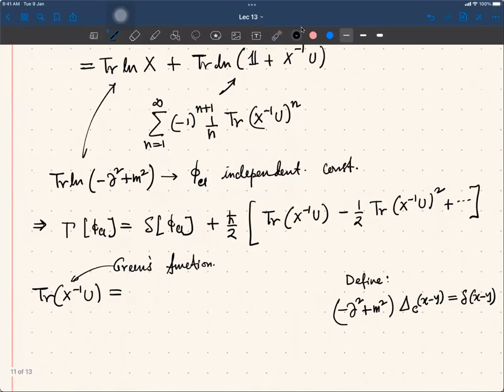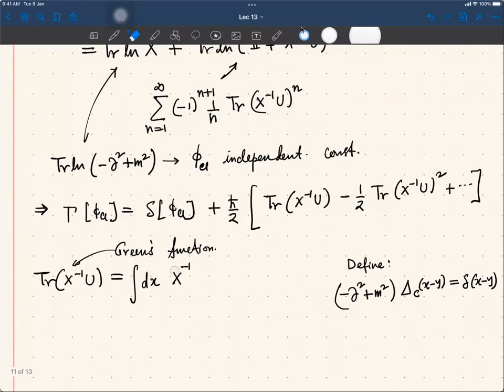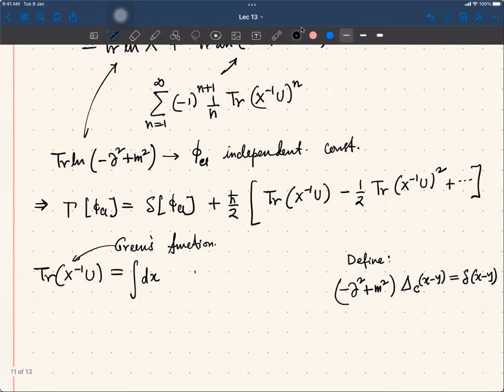So when you say trace, we have integral dx of X inverse, say X inverse(x,y) U(y,x). This y has to be integrated, and because of the trace, x has to be integrated.